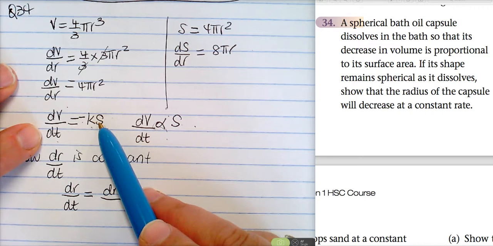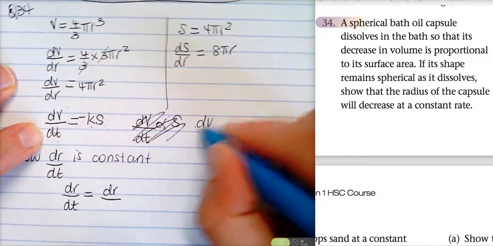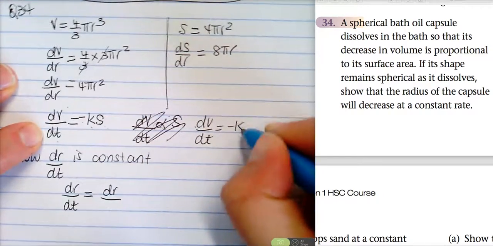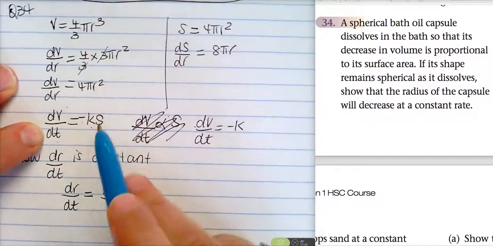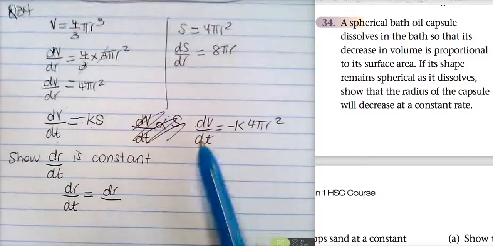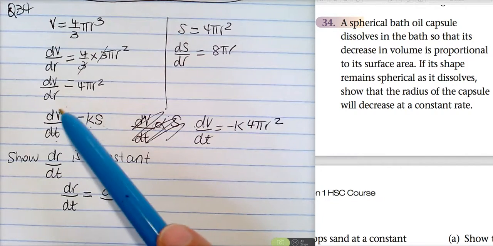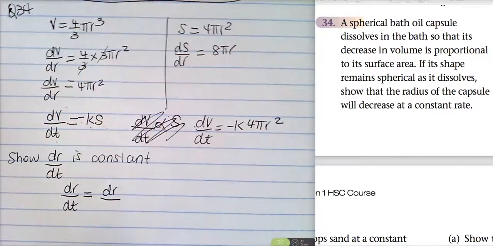S is 4 pi r squared, so I can do that. So yes, dV/dt is negative k times S, which is negative k times 4 pi r squared. So now I've got an expression for dV/dt, dS/dr, dV/dr, for all of them.